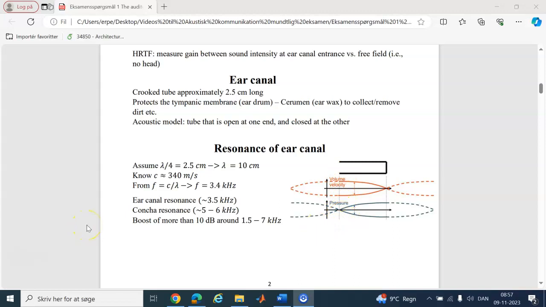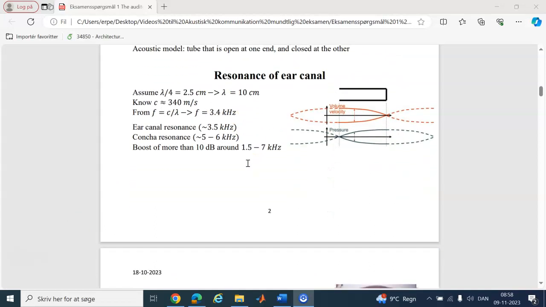So we can say that the wavelength divided by 4 is 2.5 centimeters, and the wavelength is 10 centimeters. Use this simple formula: the frequency is the speed of sound divided by the wavelength, and then you get a frequency of about 3,400 hertz.